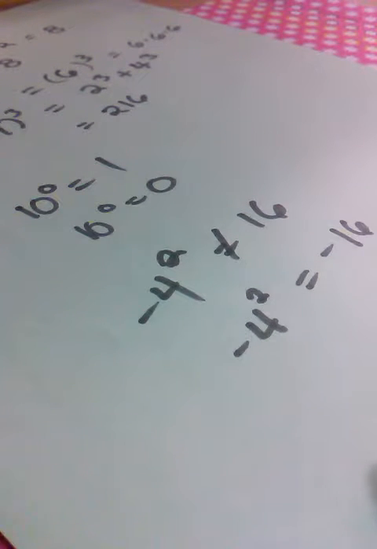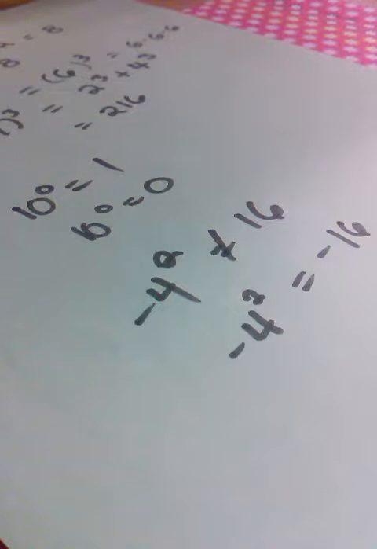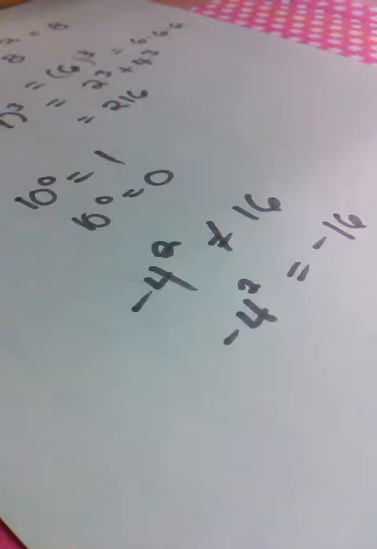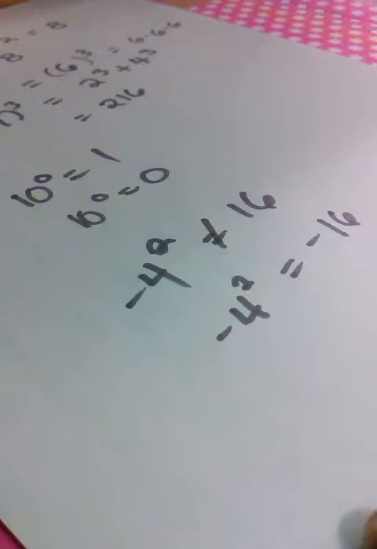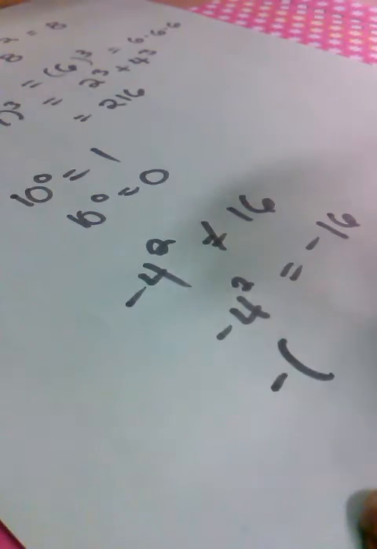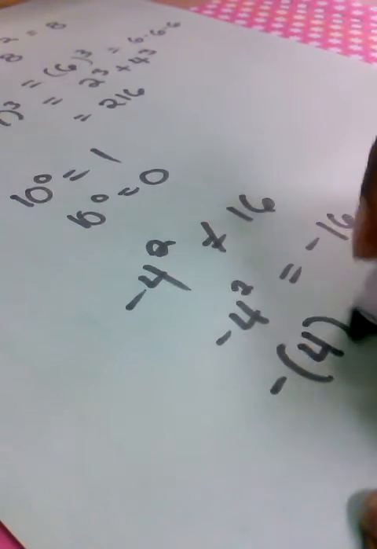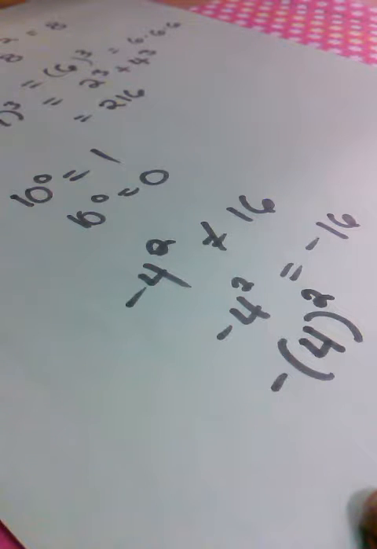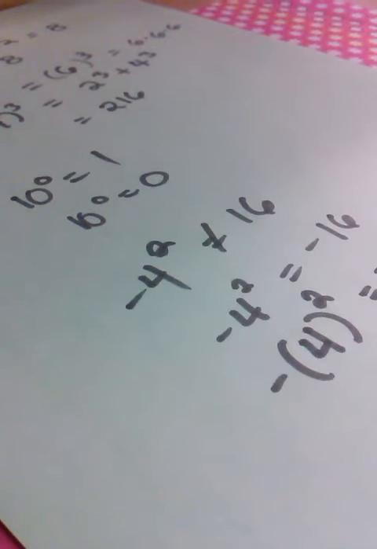I've talked about using parentheses. When we use parentheses, the students can see it better. So when I give such problems, depending on how I want to write the problem, I will usually note these types of questions with parentheses. So I would put the 4 in parentheses, and then I would get this answer.